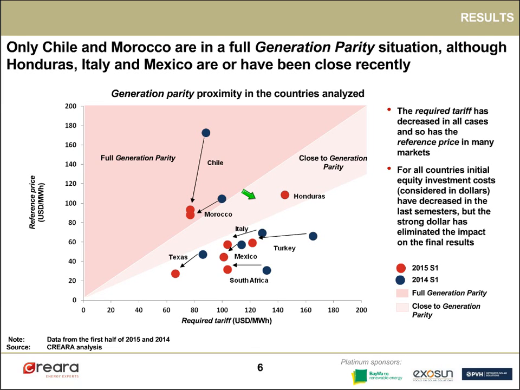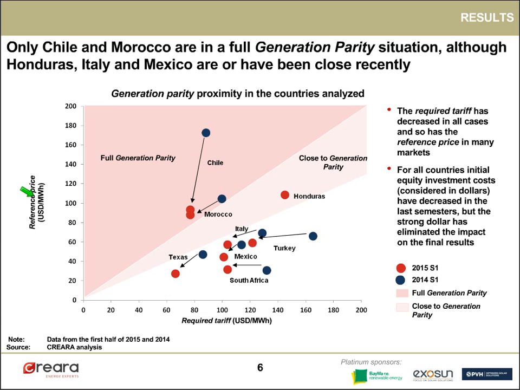You can see on this graph where we're comparing the results from the first issue of the GPM utility scale, which was published in 2014, and the results from this issue. And you can see that the required tariff, as marked on the lower axis, has decreased in all cases, and so have generally the reference prices, as marked here on the upper axis.